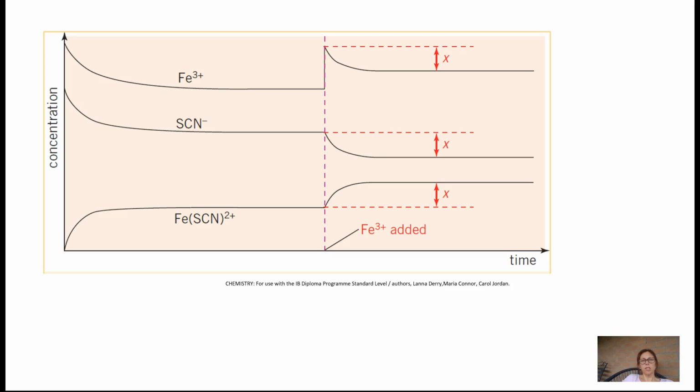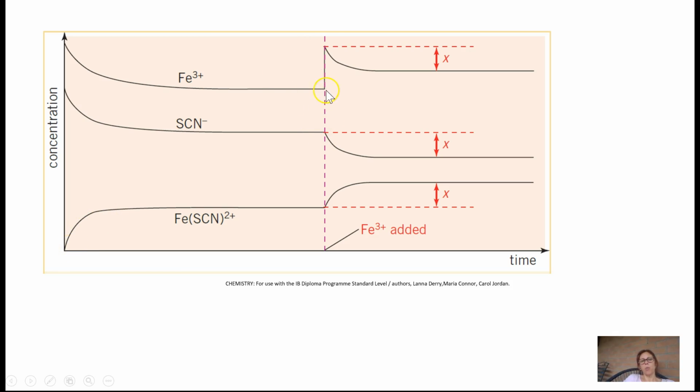So let's look at this graph, which is another way that we can represent what's happening in that reaction. And we can see over here, here are our two reactants. As the reaction proceeds, we've got a decrease in the concentration here of our iron ions, and again in our thiocyanate ions. And as that's happening, as you would expect, we have an increase here in our products.